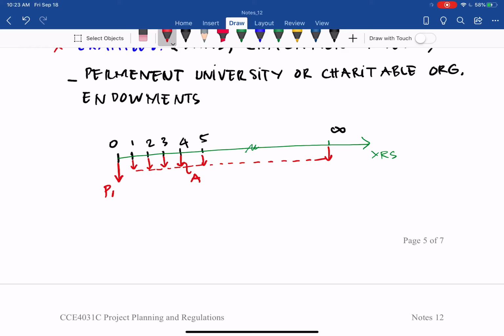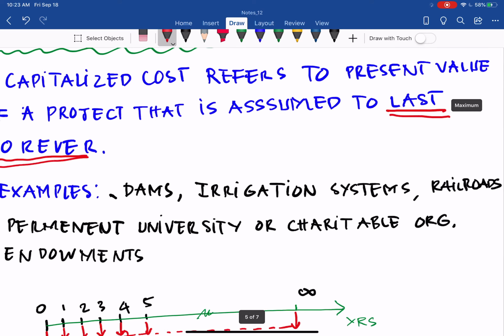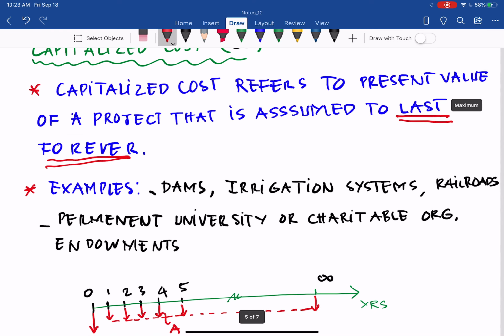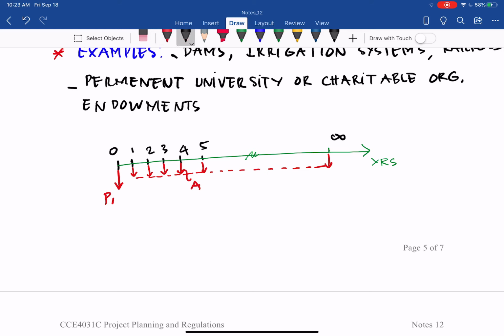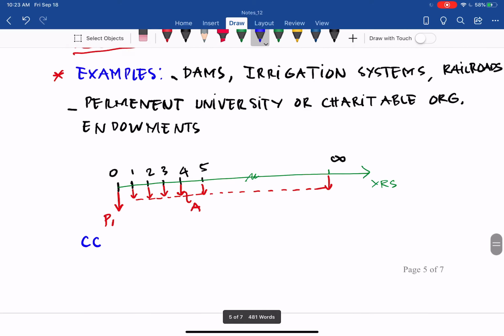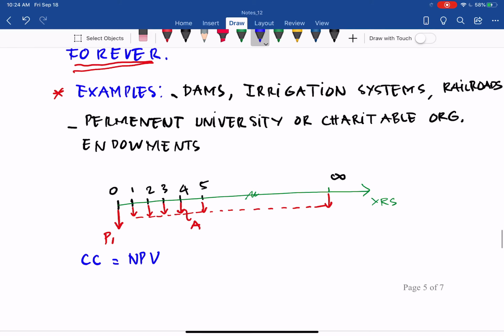The question is, how can I find the capitalized cost? By definition, that is the present value of a project, so basically the NPV of this project. The capitalized cost is the present value of this project, assumed to last forever. So I have P1, the cost, and you don't have to put the negative because you already say cost.